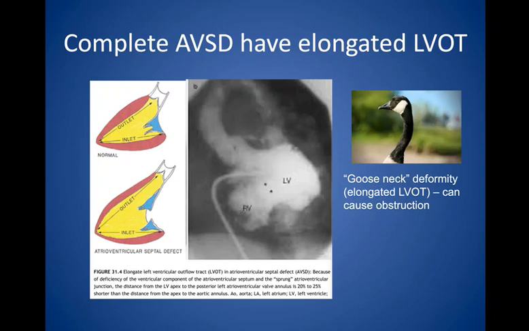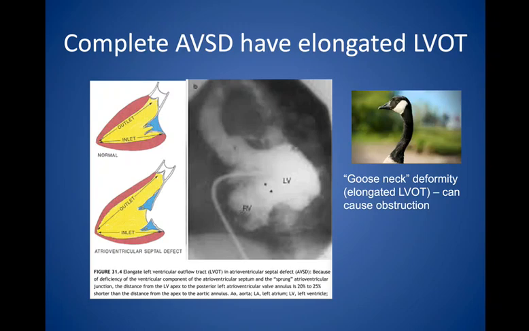These need to be followed up because there is a higher chance of obstruction, so the key thing to look out for would be stenosis or obstruction. Here's a cath picture of what the gooseneck deformity looks like, and you can see on the left the elongation of that LV outflow tract, due to the atrioventricular canal annulus not forming correctly.